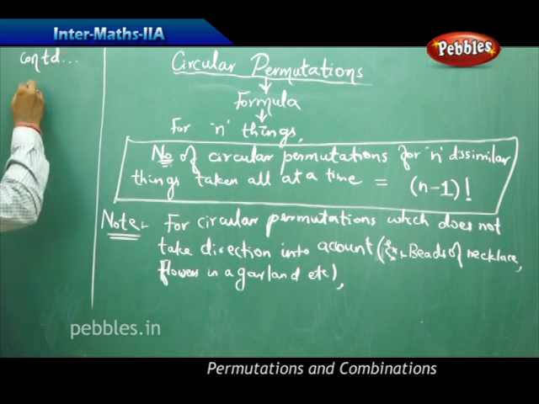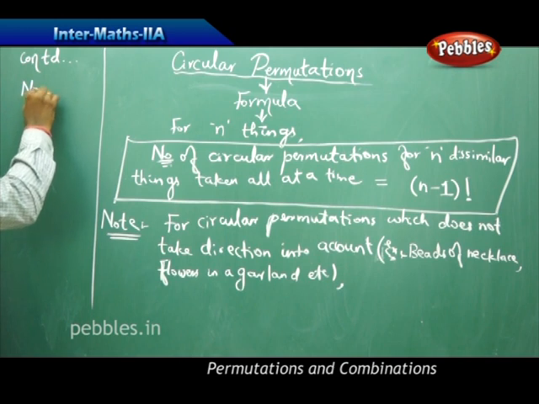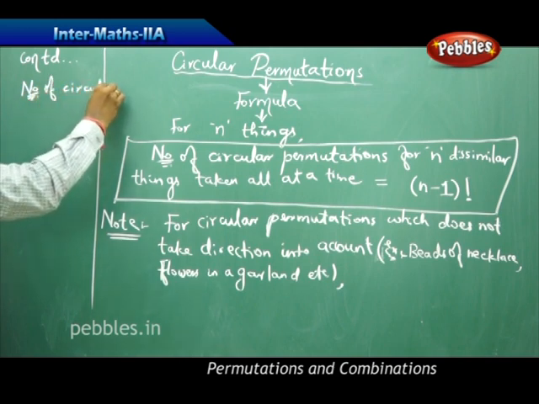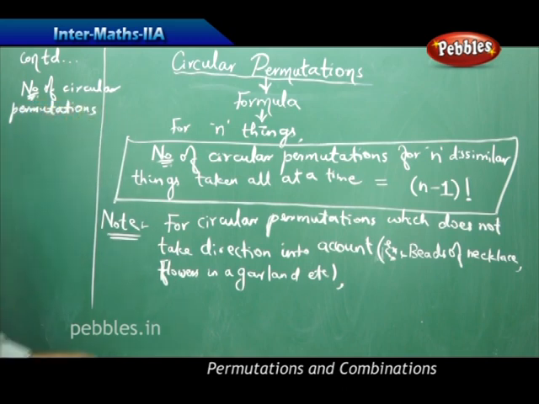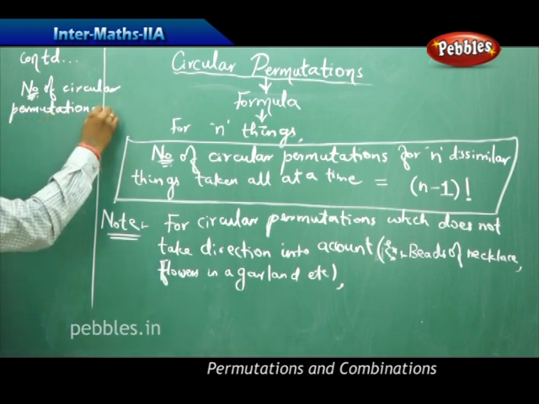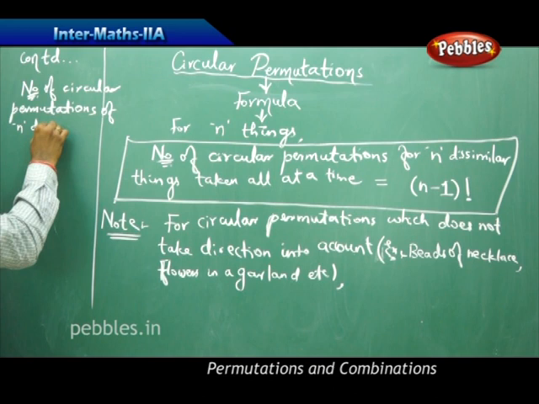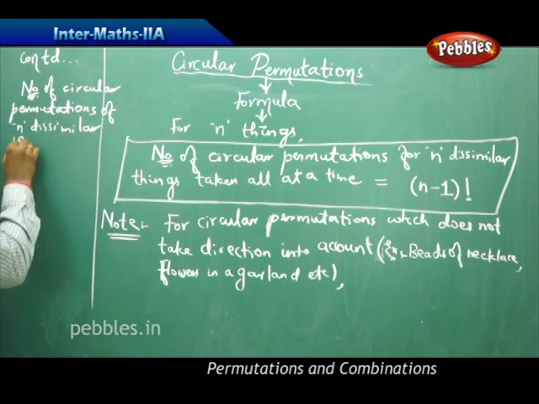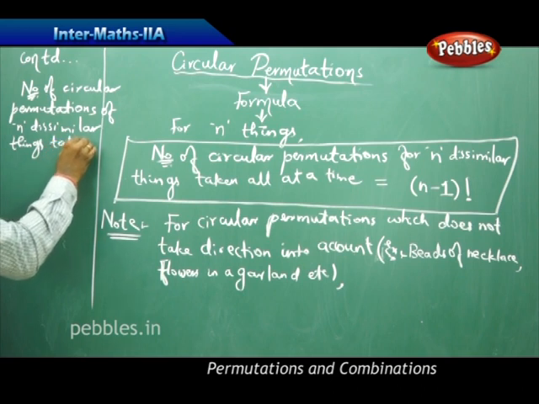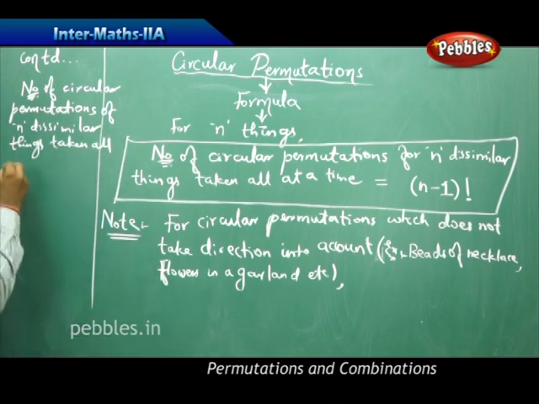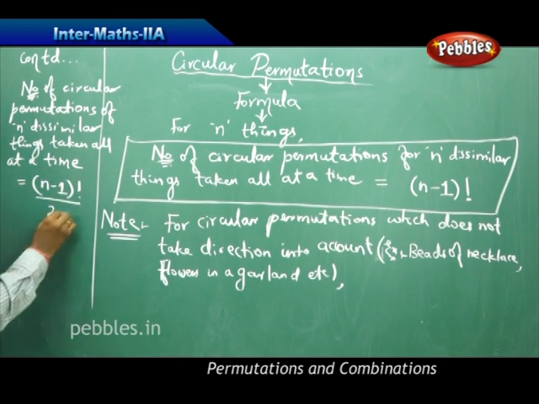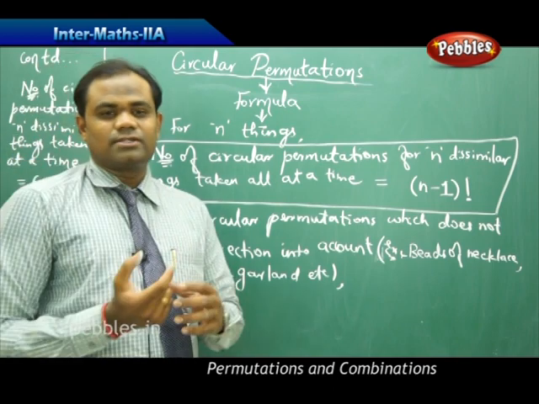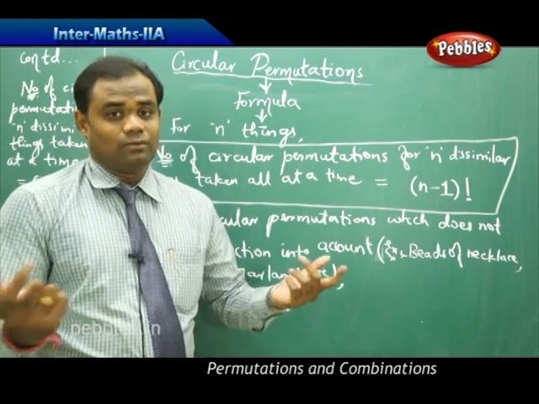Then the number of circular permutations of n dissimilar things taken all at a time is given by n minus 1 factorial by 2, because the anti-clockwise or clockwise direction are one and the same.